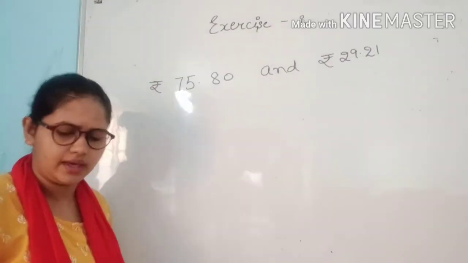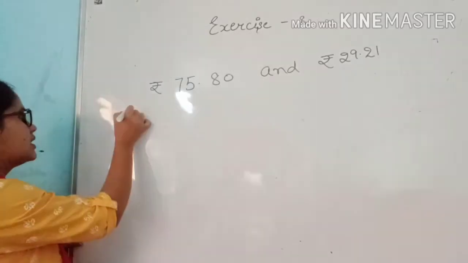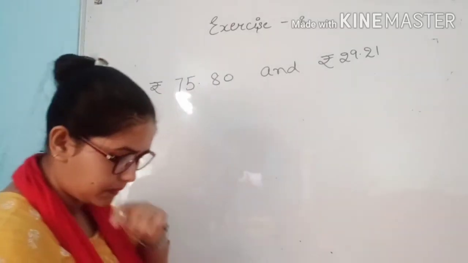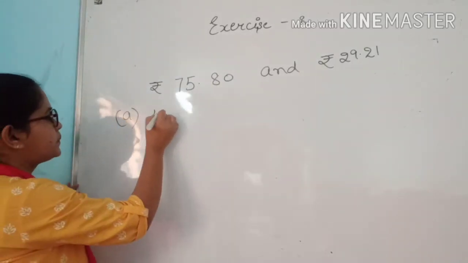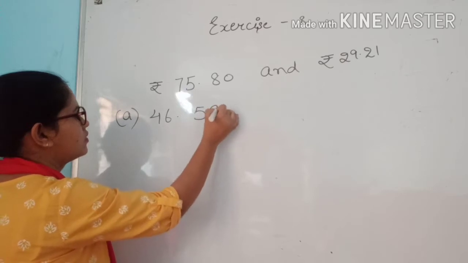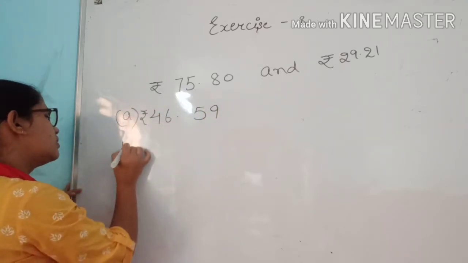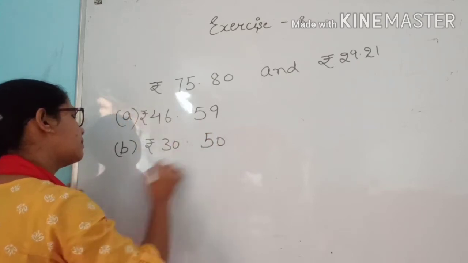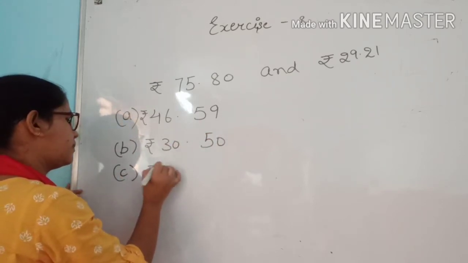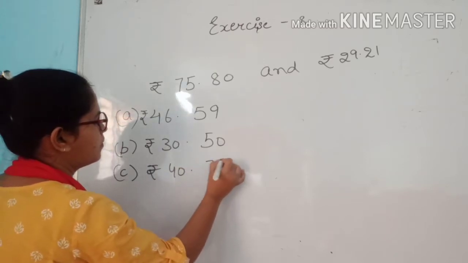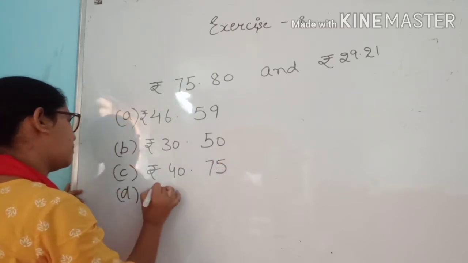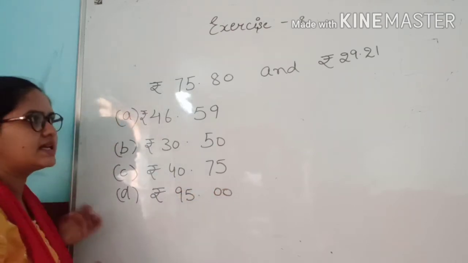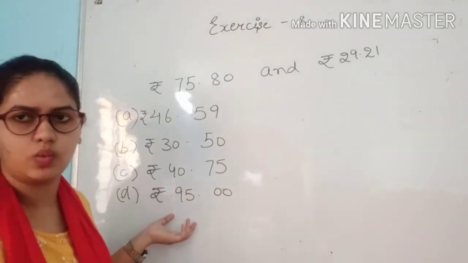For example, suppose I have given the answers here and we have to solve it quickly as we always do. These are our answers. We have to choose the correct one.